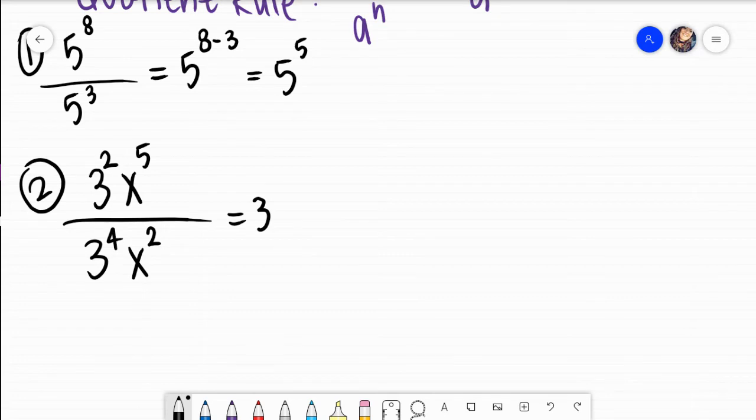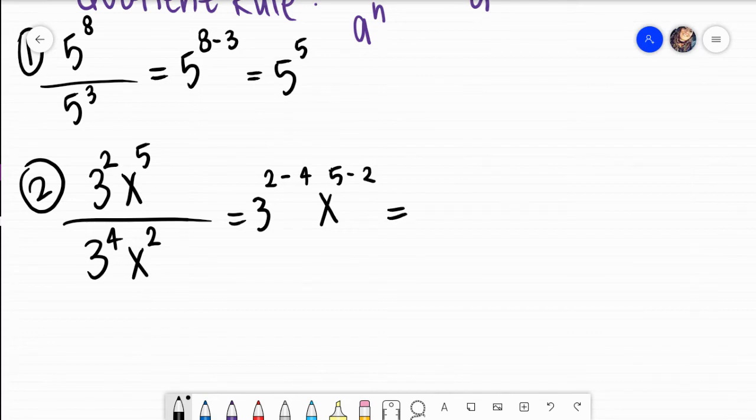What I would do is keep the base, subtract my exponents. Now look at your next term. I have an x being raised to the 5th power. Well, in the denominator, I have an x being squared. Same base. Keep, subtract.